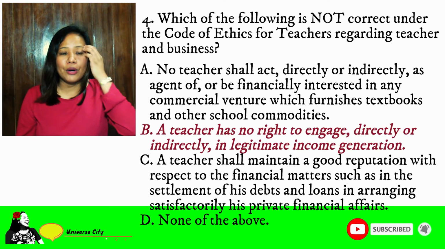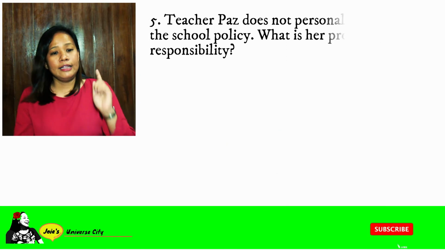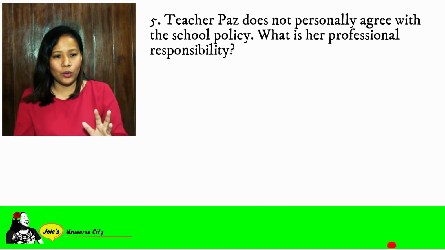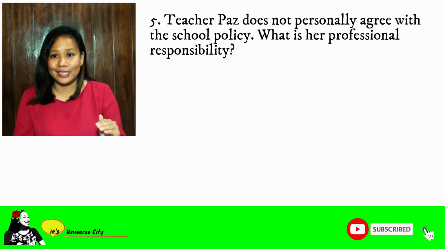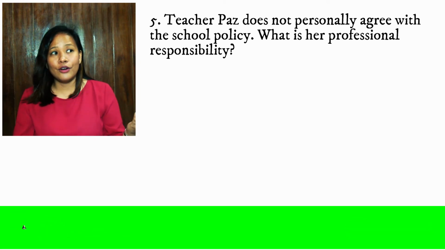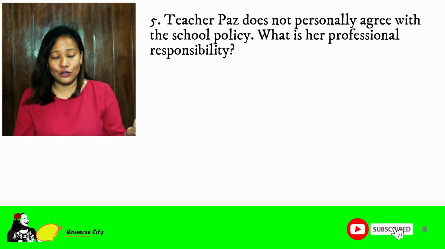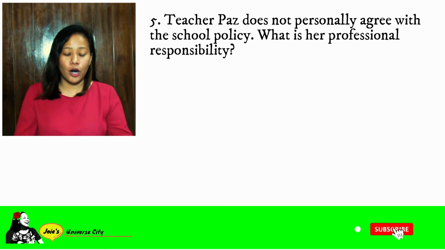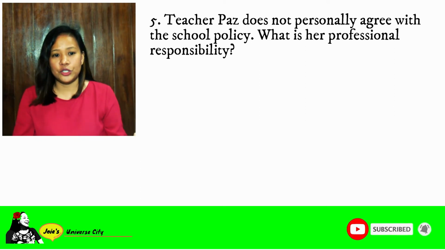Alright, and for our last question, teacher Paz does not personally agree with the school policy. So what is her professional responsibility? Okay, so you know, there are really school policies that teachers would not agree on. But in case there are policies that we do not agree on, what should be done?